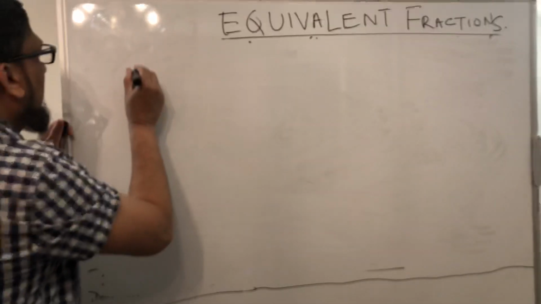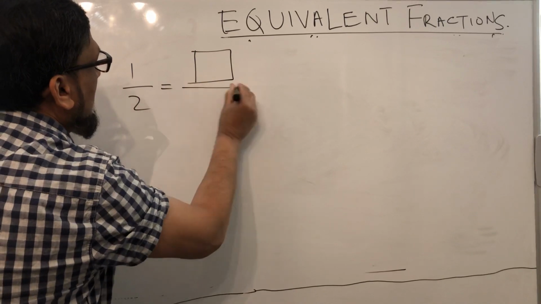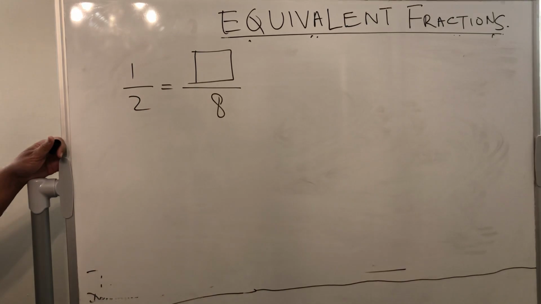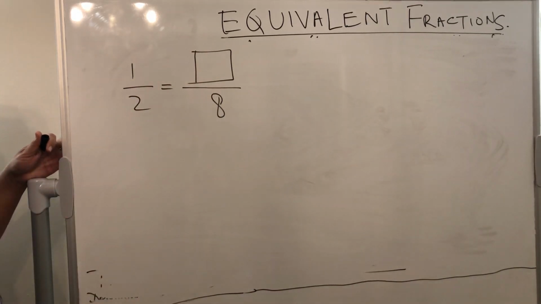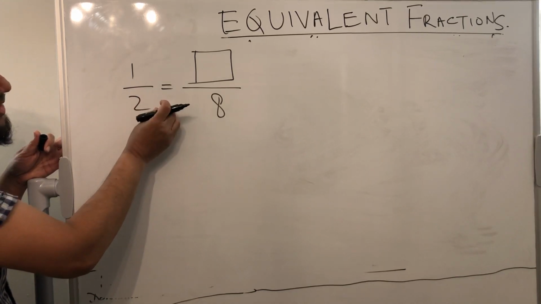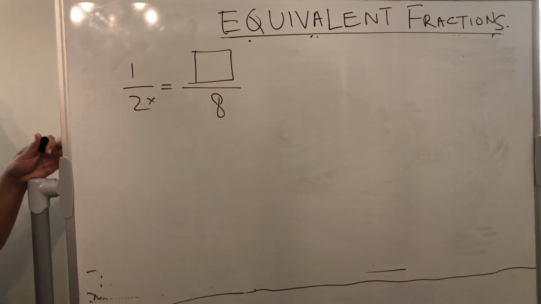If I say 1 over 2 equals this missing part over 8, what number should be here to make an equivalent fraction? The easiest way is to check the denominator. Here 2, times what gives the answer 8?